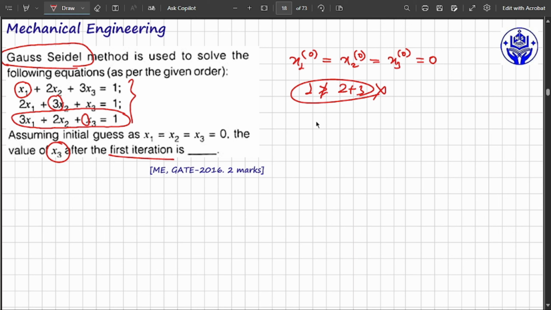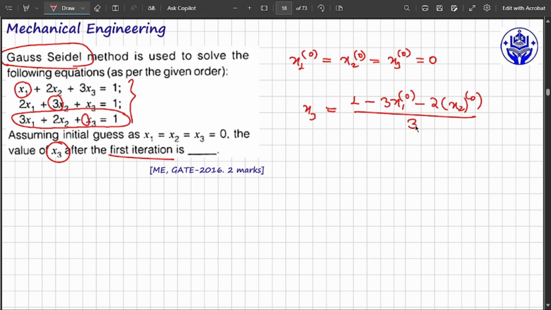If I have these equations, then I can write it as, there is a mistake in this question. Okay, leave it. If I just want to find x3, then x3 is nothing but 1 minus 3x1 at 0 minus 2x2 at 0, divided by 1.